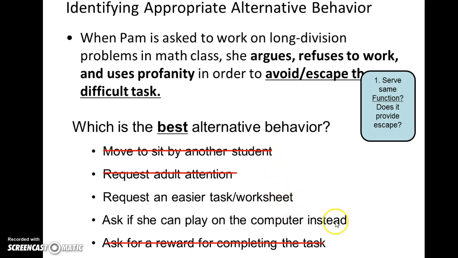It's not, because that is not appropriate for a class. So instead, what we want to do is have them ask for an easier task or worksheet. They're still able to avoid the long division problems, but instead they are able to do what is appropriate in that setting.